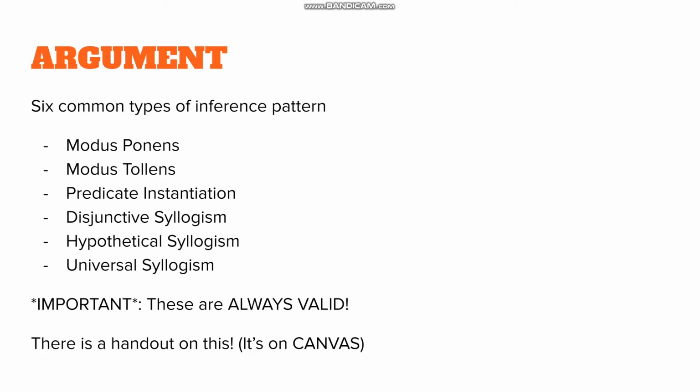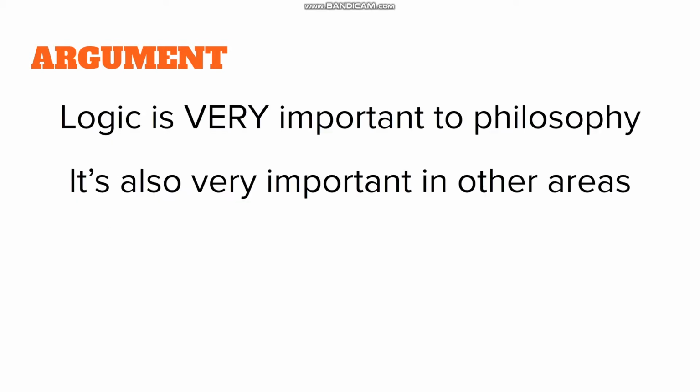And once we do that, we can look at the individual premises and ask whether or not they're well supported, whether or not there are good reasons to reject them or to accept them. And that is a crucial part of what philosophy as an intellectual activity is. It's a way of crafting arguments and engaging with them.